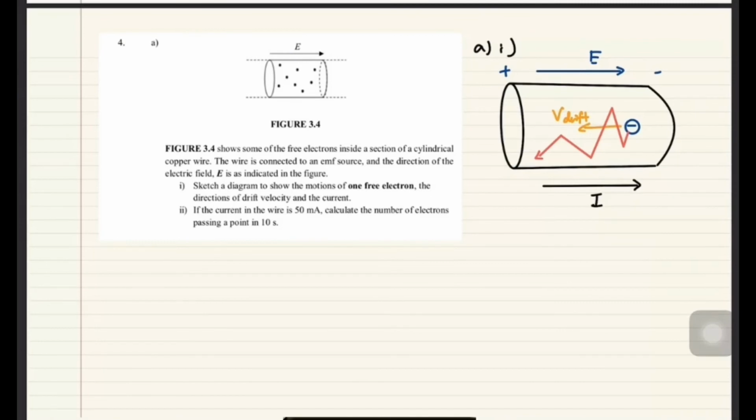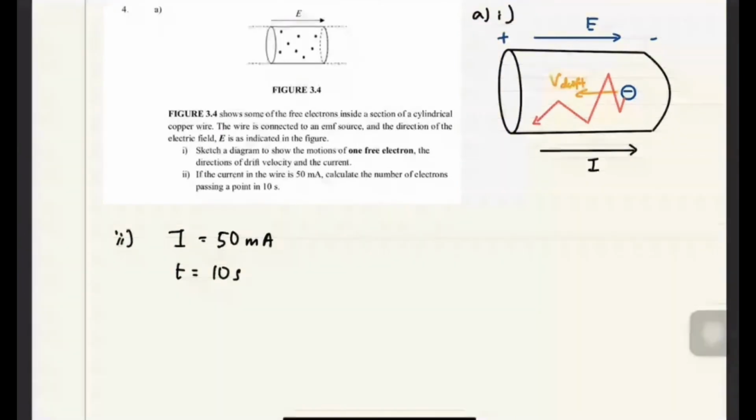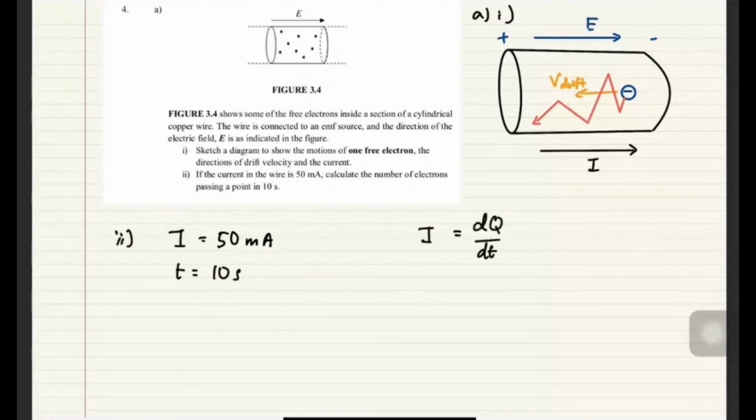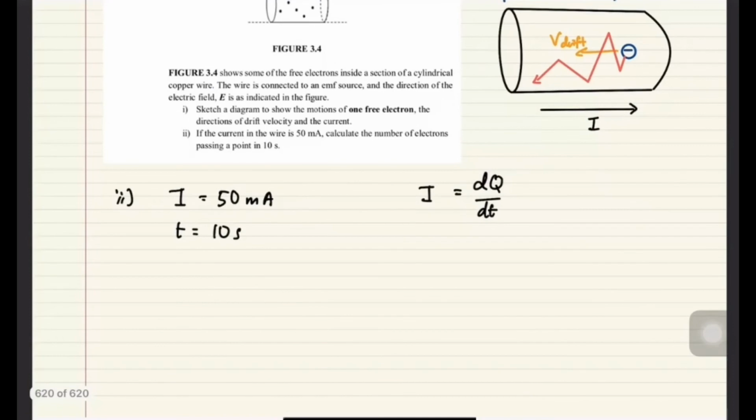Okay, and then the next question, dia kata if the current in the wire is 50 milliamps, so that one is your I. Calculate the numbers of electron passing a point in 10 seconds. Okay, so if you go through the formula sheet, you will see that you have a formula of I equals dq over dt. Ni from the definition, rate of change of charge over time is equals to current.